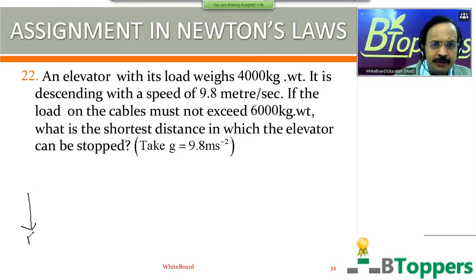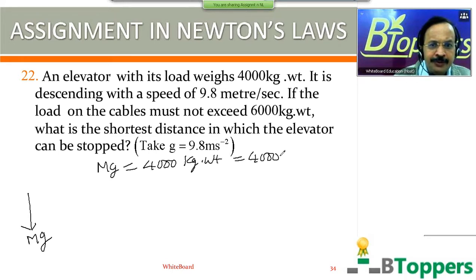So we can consider the elevator along with the load as one system. The total weight mg of the system is equal to 4000 kg weight, meaning 4000 into 9.8 newtons.